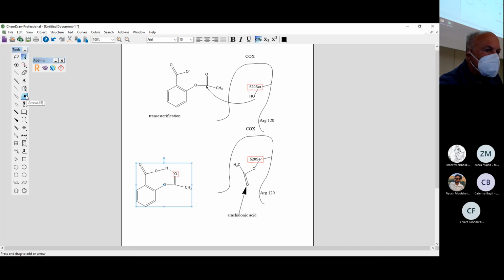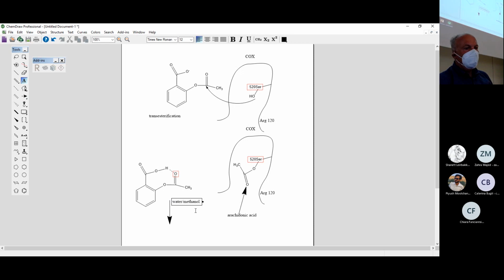If you make a solution, water and methanol, for example, because aspirin is not soluble in water alone, you have to put a mixture, water, methanol, for example.